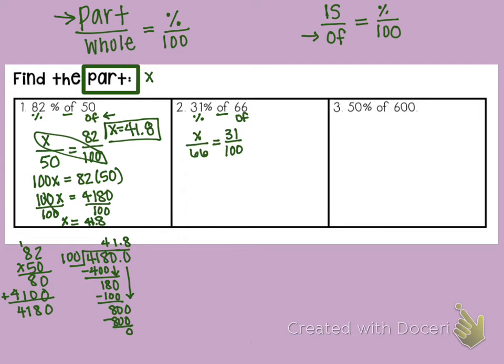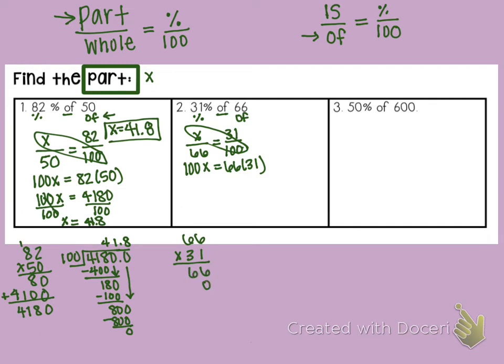Okay, so to check, you should have x over 66 equals 31 over 100. Okay, so then at this point, we cross multiply. We have 100x equals the other diagonal, 66 times 31. Okay, so let's go off to the side again. 66 times 31. We have 1 times 6 is 6. 1 times 6 is 6.